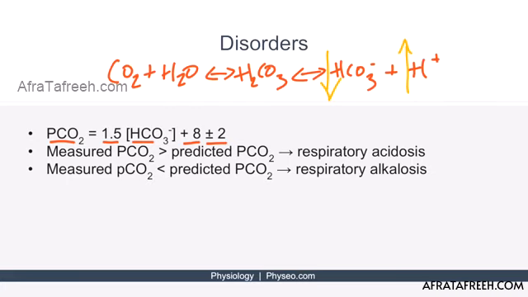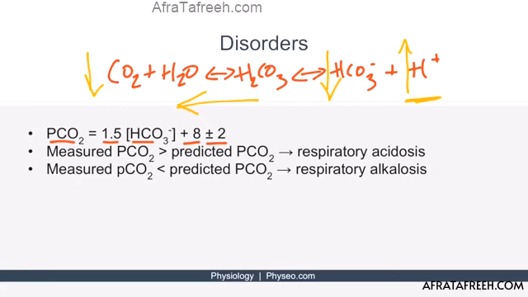So a normal compensatory response from the lungs would be to blow off additional carbon dioxide, which would cause a left shift and reduce the concentration of acid in the blood. In other words, the normal respiratory response in a patient with a metabolic acidosis should be hyperventilation.